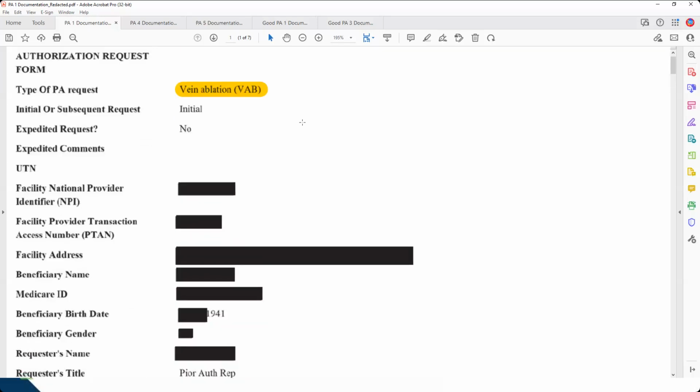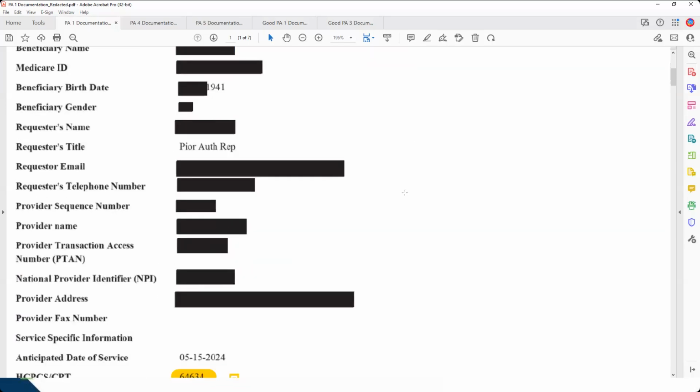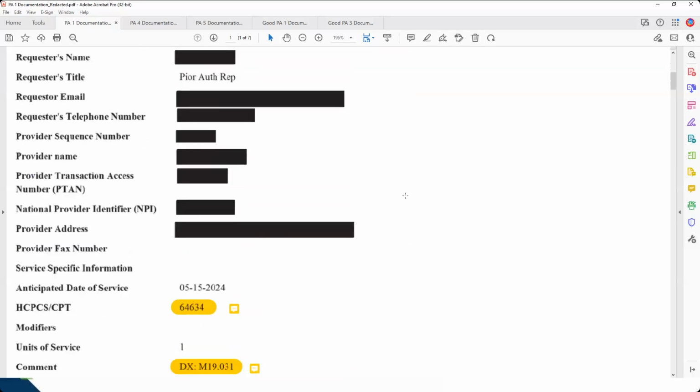First of all, just an FYI for anyone that submits prior authorization requests, remember there are certain services, certain CPT codes that require prior authorization if they are performed in the hospital outpatient department of a PPS hospital.